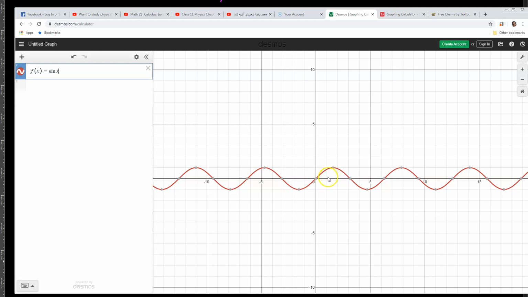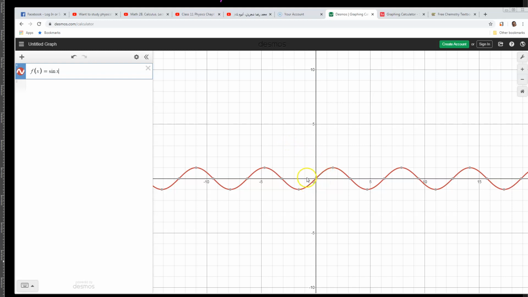So now if I want to get this function to be 1-1, I have to go, for example, from negative pi by 2 to pi by 2. Again, in this interval, there are no two points where the outputs of the function are equal.